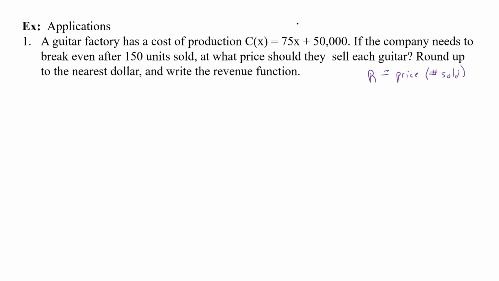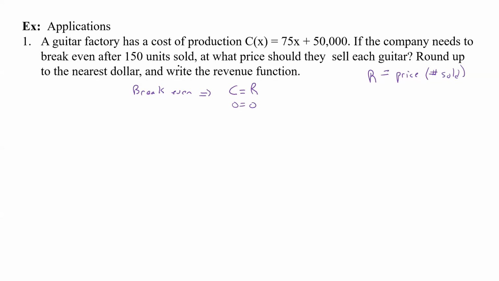All right, so we have a cost function, and when we have a break even, we have to think about what does break even mean? Well, that means our cost is equal to our revenue. They're going to basically balance each other out, and so you could think about it as that.